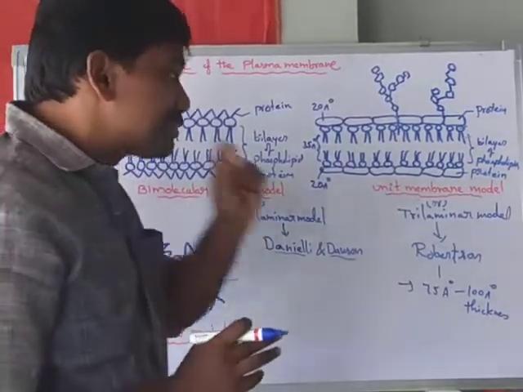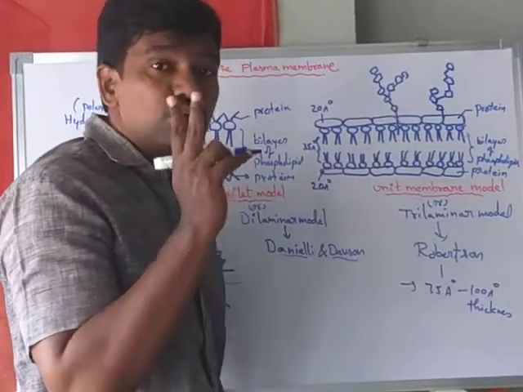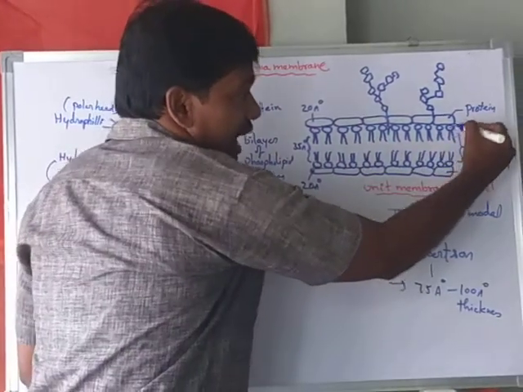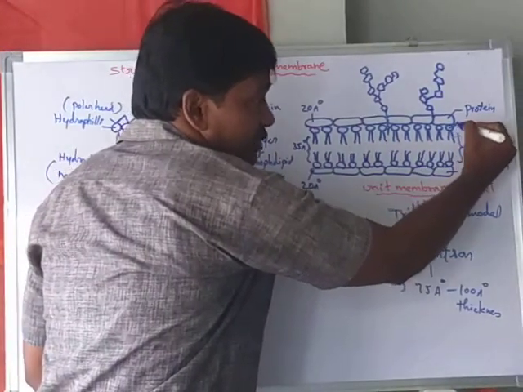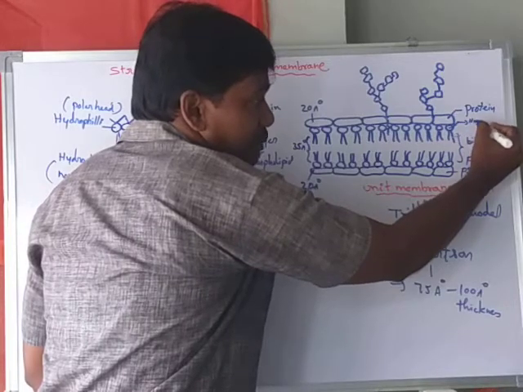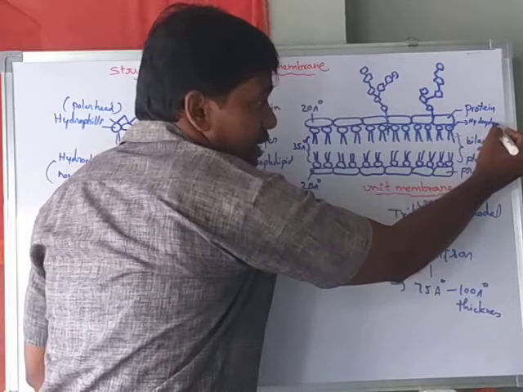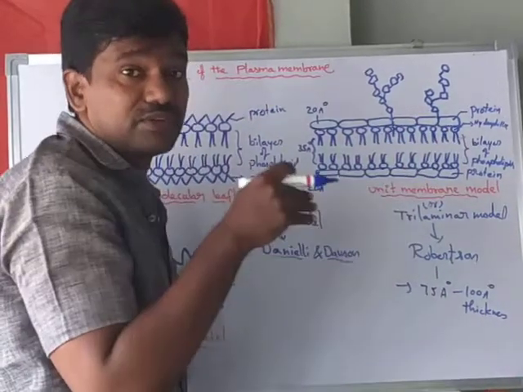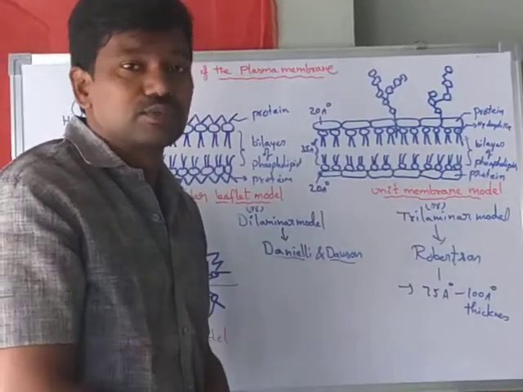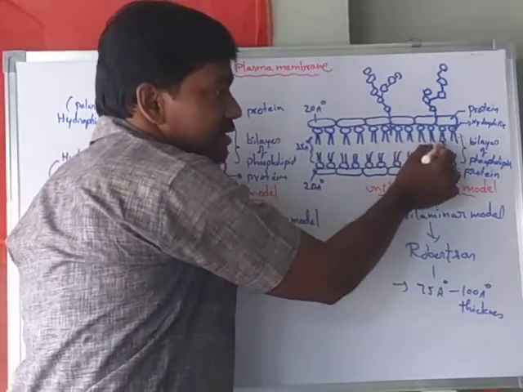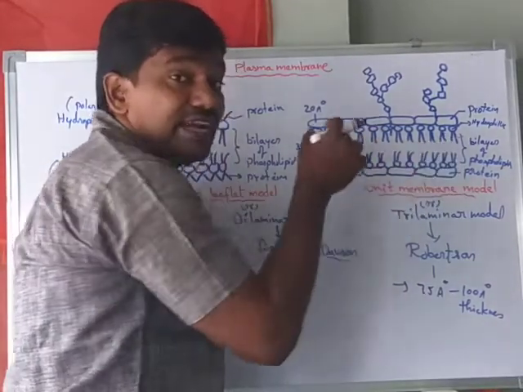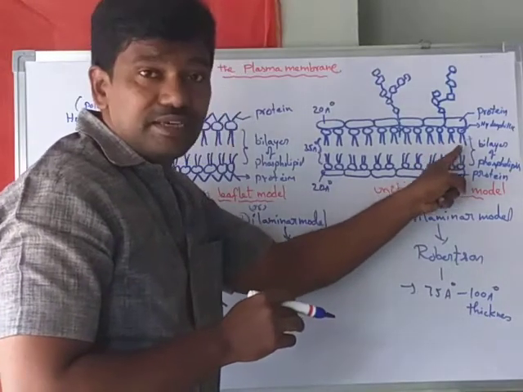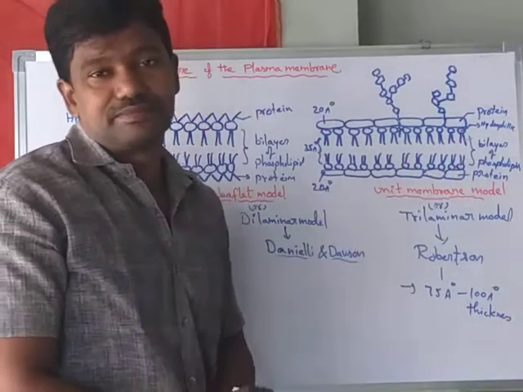He expressed that the dark lines are the proteins and the hydrophilic part of the phospholipid, and the light region is the hydrophobic part of the phospholipids.